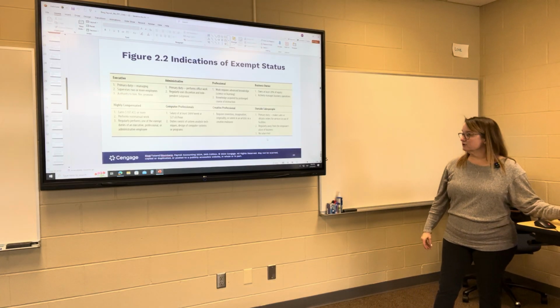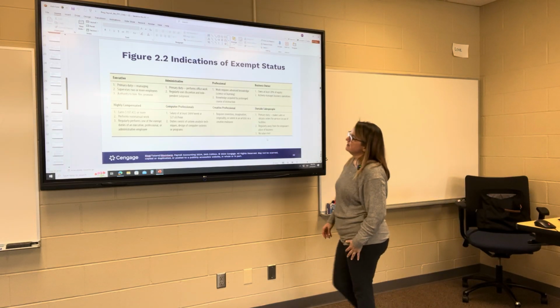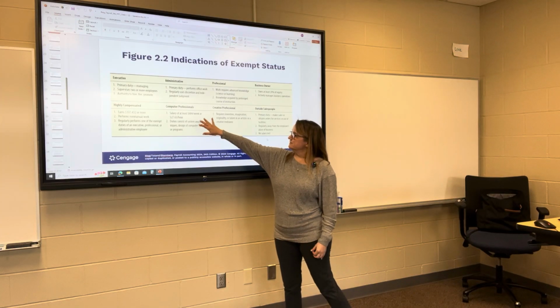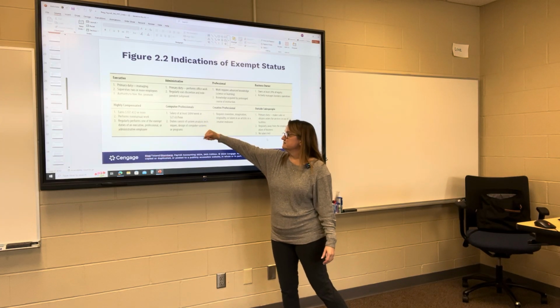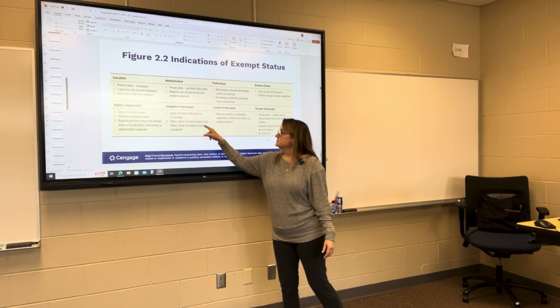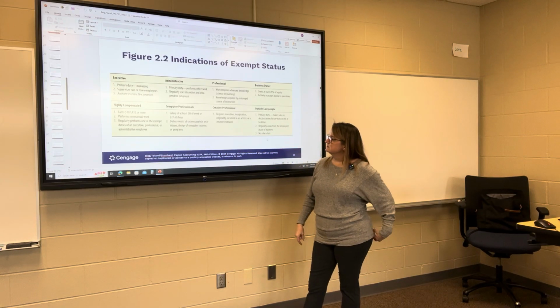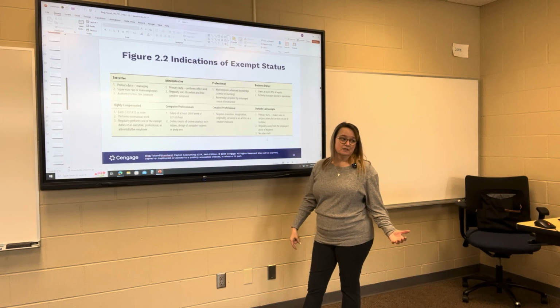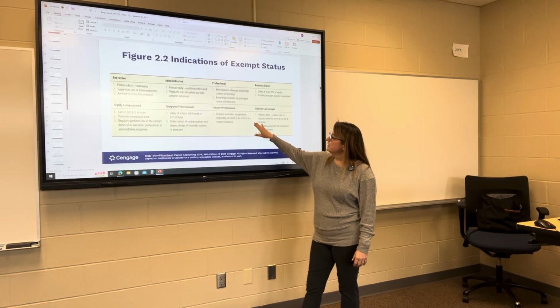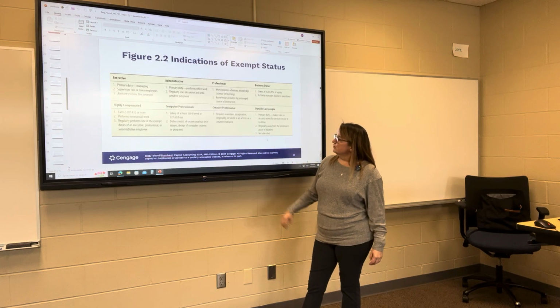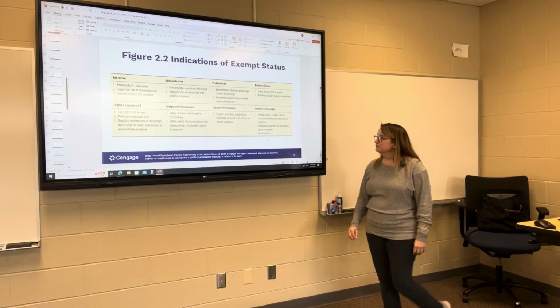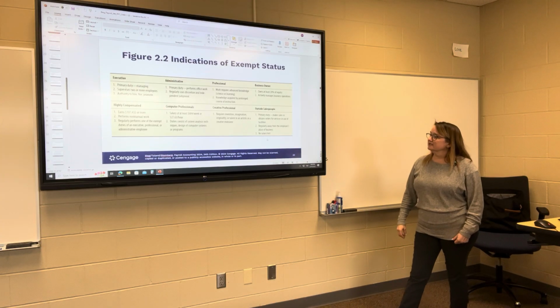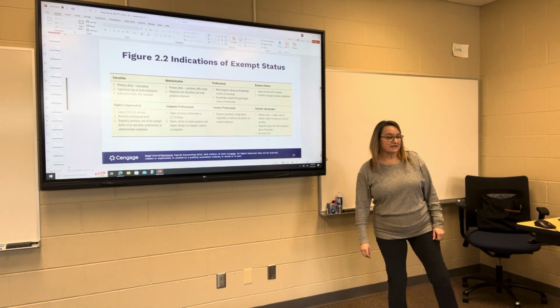Computer professionals are their own category. If they have a salary of at least $684 a week or $27.63 an hour, duties consist of system analysis techniques, design of computer systems or programs. So that would be another classification. Creative professional requires invention, imagination, originality, or talent in an artistic or a creative endeavor.